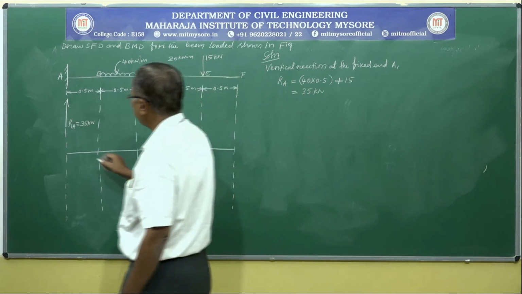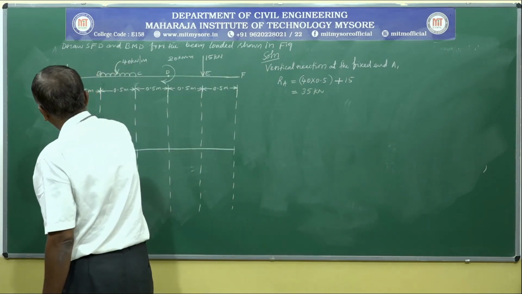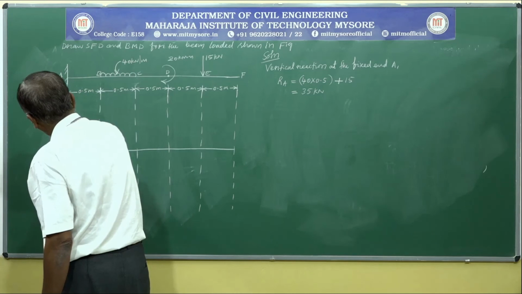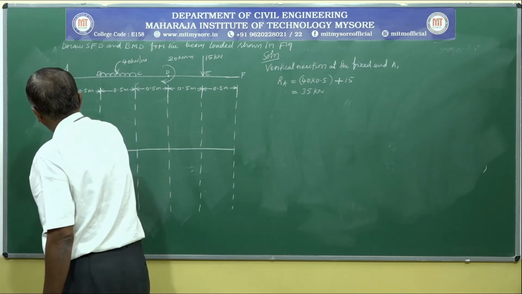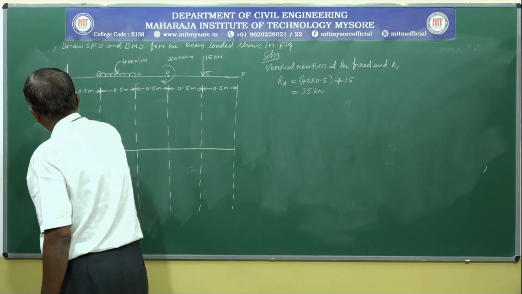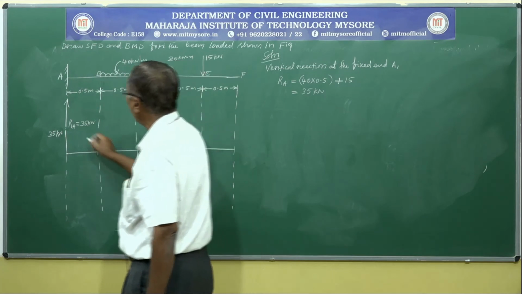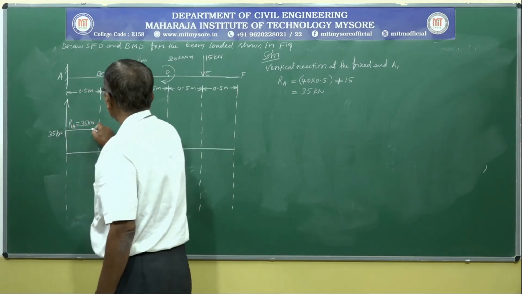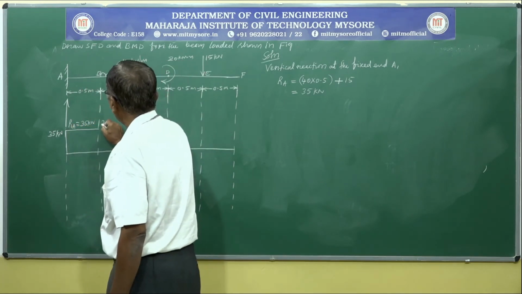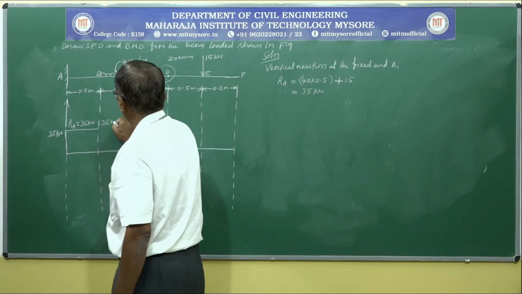Proceed from left hand side. There is a reaction here of magnitude 35 kilonewton, go up vertically by 35 kilonewton. Between A and B, no load, horizontal line, 35 kilonewton.